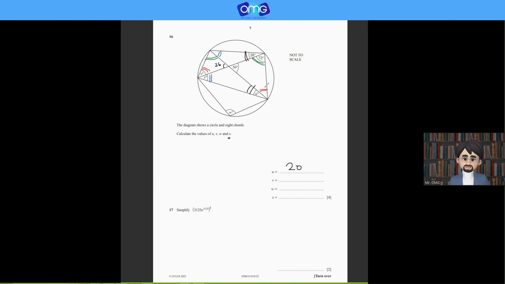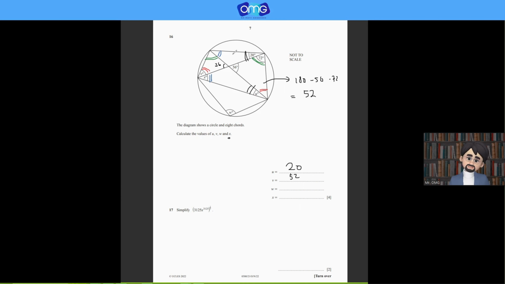To find the red, we simply do 180 minus 56 minus 72, which gives us 52. So v is 52 degrees, because it's the same red.